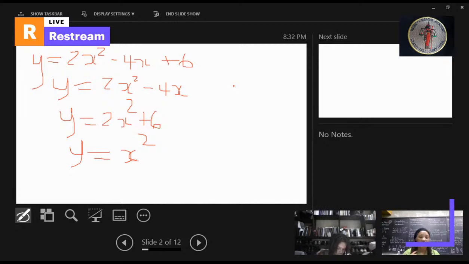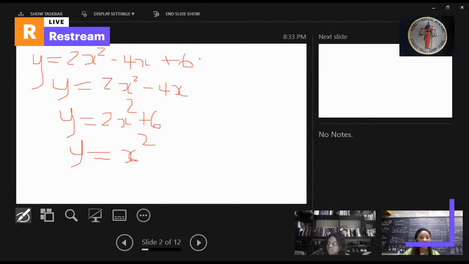So the idea is you're going to first multiply the two end terms. That is, you multiply the coefficient of the x squared term with the constant term. And you must make sure that the expression is in the order of the quadratic.